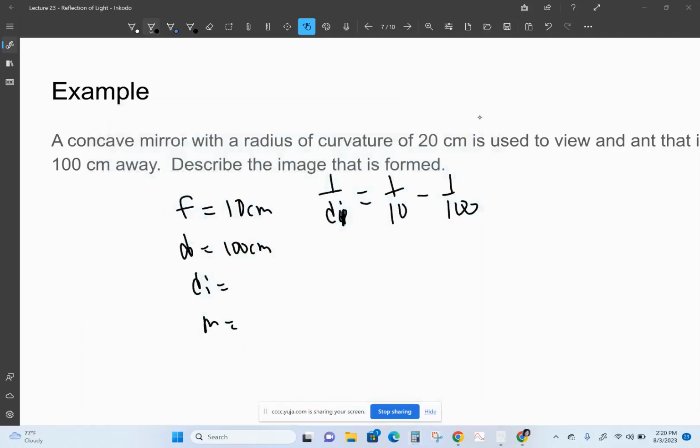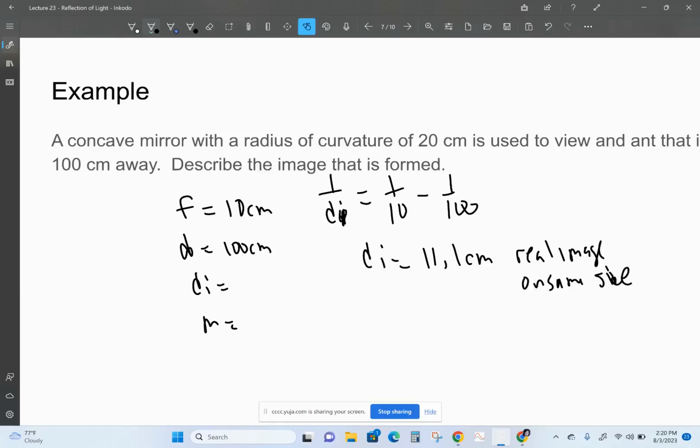It's going to be 11.1. So di is going to be 11.1 centimeters, which is a real image. And since we're talking about mirrors, it's on the same side. And we should expect it to be upside down. So when we find negative di over do, negative 11.1 divided by 100 is going to be negative 0.111. So the magnification is negative, which means that it's inverted. Real images are always inverted.